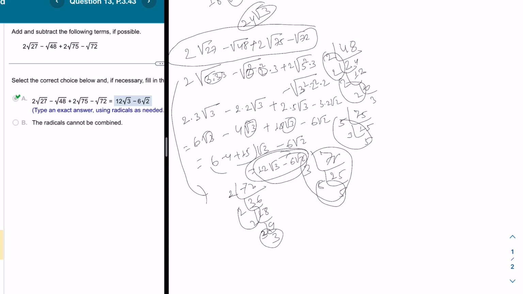But sometimes the question says to show the steps, then you will receive the credit, so we might go through these steps.